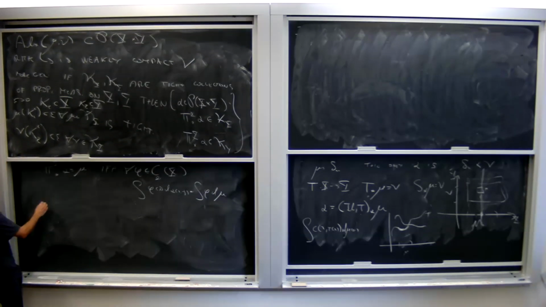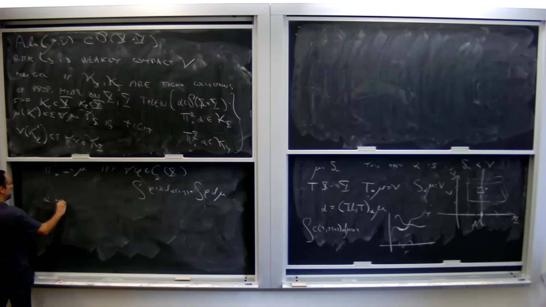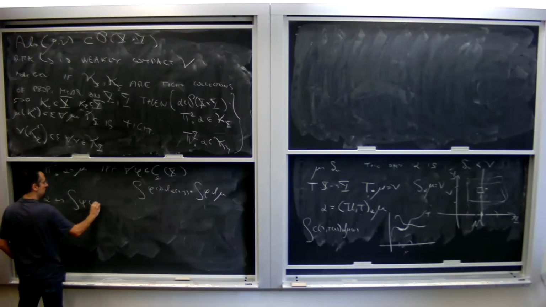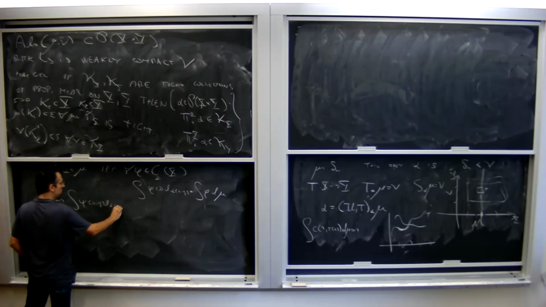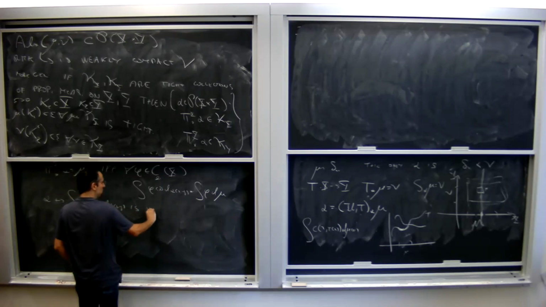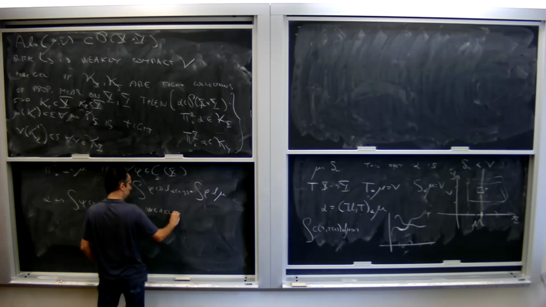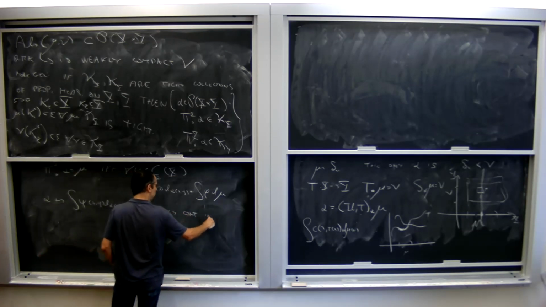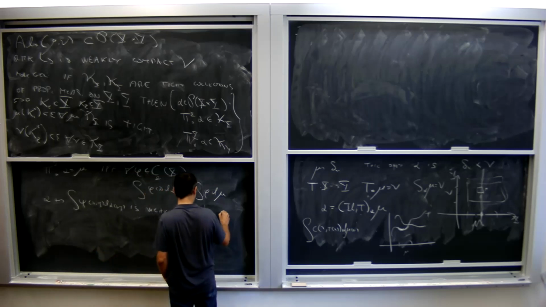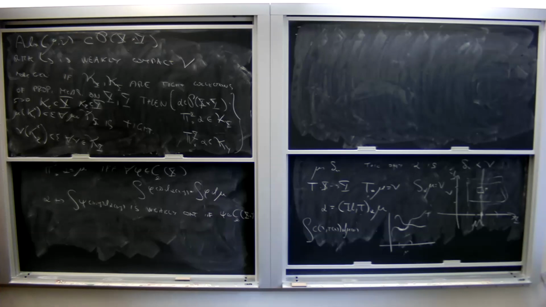Notice that the map that takes alpha and returns the integral of psi x y d alpha x y is weakly continuous if psi is continuous and bounded on the product, right? Now my cost function is not bounded, and I don't really want to assume that, because in my applications it will be the distance squared over a given set. So I don't really want to make this assumption.